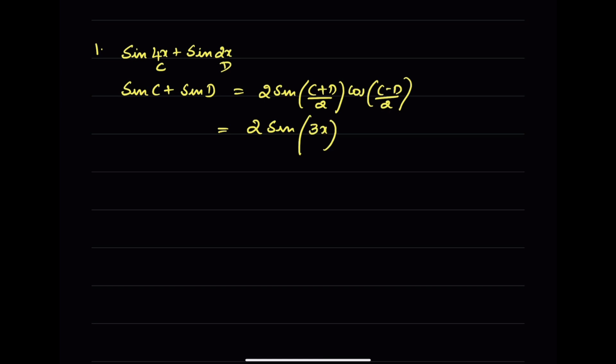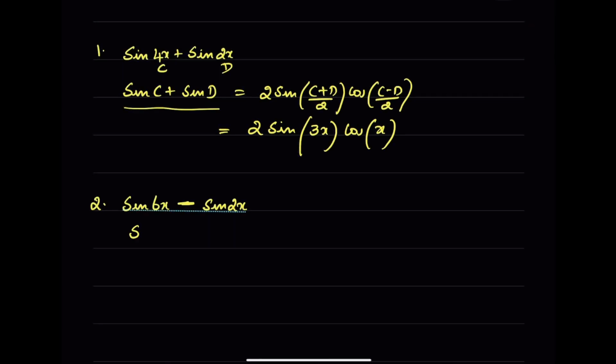So this will be 3x, and cos of (C minus D), which is (4x minus 2x) divided by 2. So that will be cos x. So this is the first question, and we have applied the formula sin C plus sin D is equal to 2 sin of (C plus D) by 2 and cos of (C minus D) by 2. Let's try the second one now.